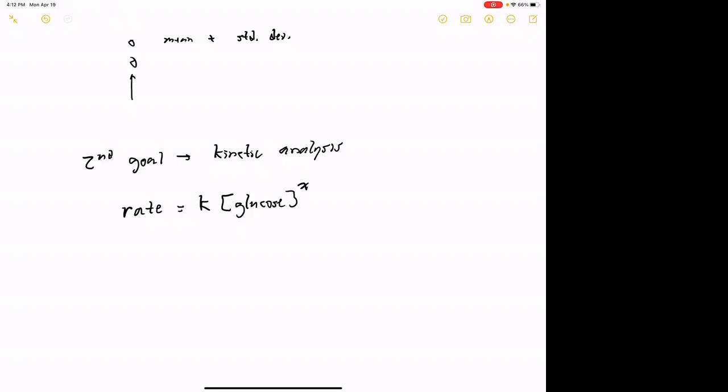So we want to get 2 things out of this. We want to determine the rate constant, and we also want to determine the order with respect to glucose. Okay. Now, to do this, we're going to use the method of integrated rates.